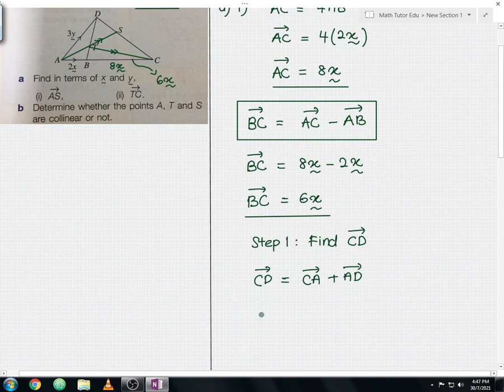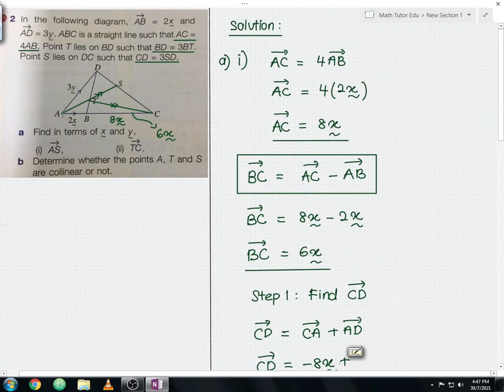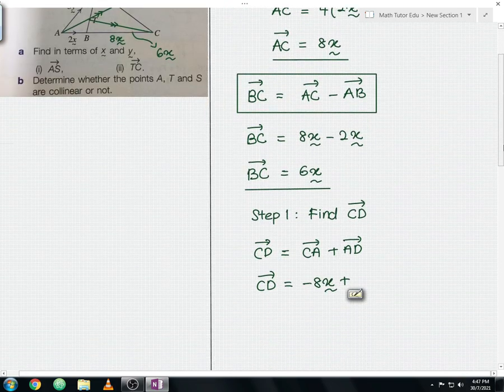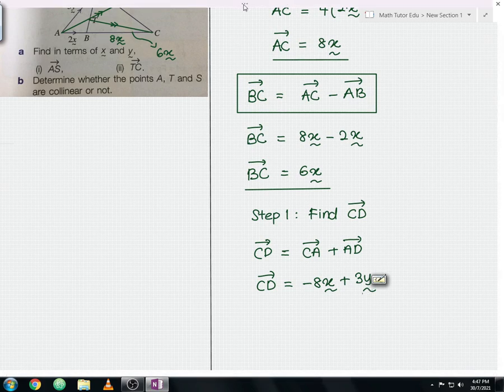So vector CD equals negative 8x, plus vector AD. In this case vector AD is 3y. So you get vector CD equals negative 8x plus 3y. This is your first step. Let me underline the vector CD.